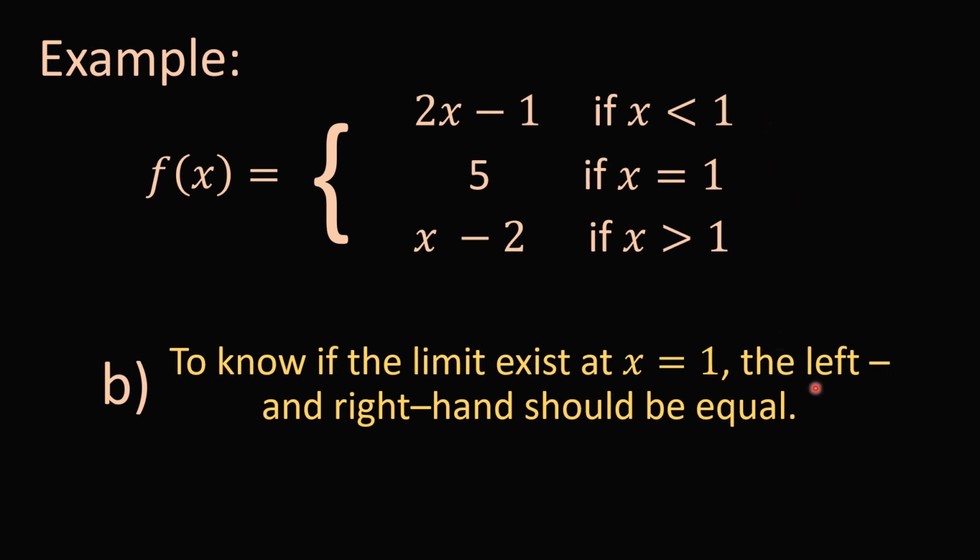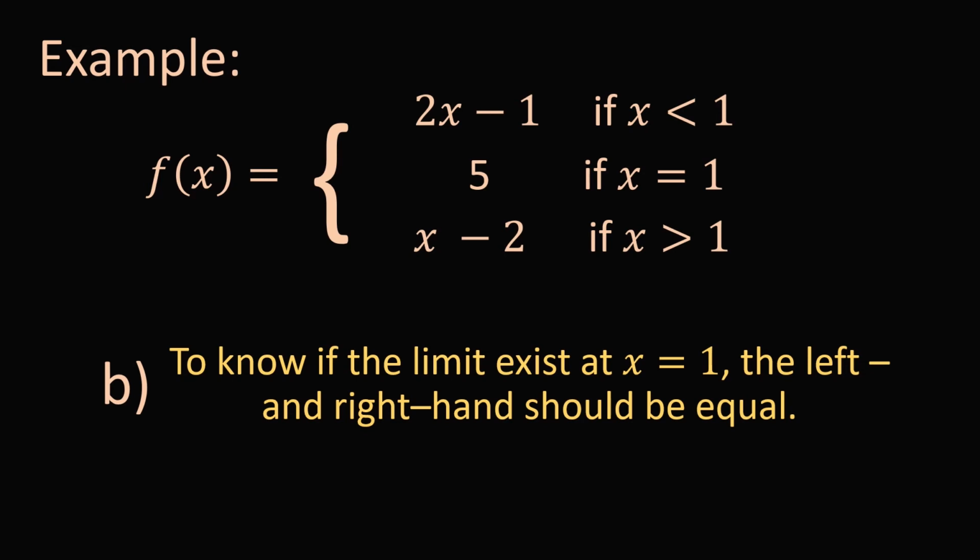Okay? As we all know, by definition, nagkakaroon lang ng limit or the limit only exists sa given function if and only if yung left hand limit niya ay equal sa kanyang right hand limit. Now, let's determine the left hand and the right hand limit of our given function.